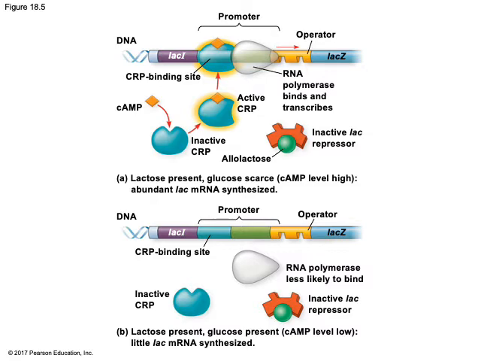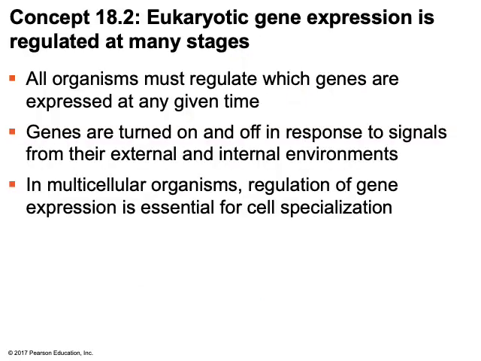So that's sort of the fundamental component of the prokaryote regulation. Now, let's contrast that with eukaryotes. Eukaryotes are going to regulate a lot more genes. Okay? Prokaryotes are simple, eukaryotes are complicated.